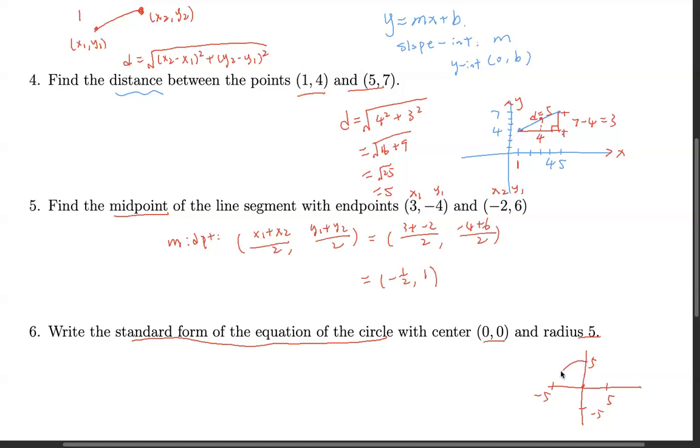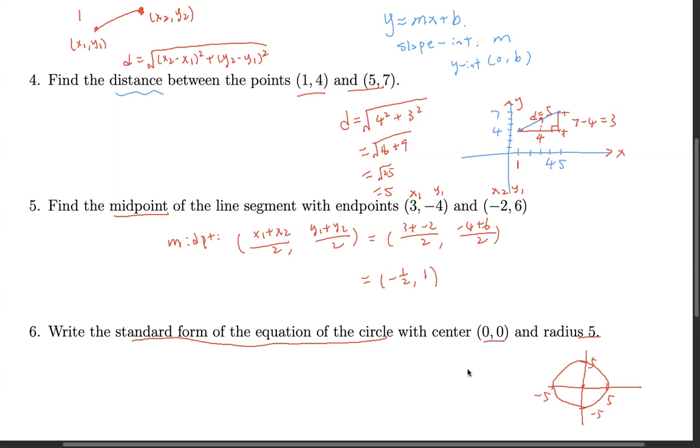So this is the graph of the circle. It's not a function because it fails the vertical line test, right? If we put a vertical line, the vertical line cuts the graph at 2 points. So it's not a function, but it's 2 functions. If we only consider above the x-axis, the semicircle, that makes a function. Down below, it makes another function.